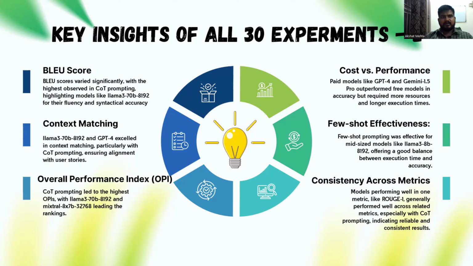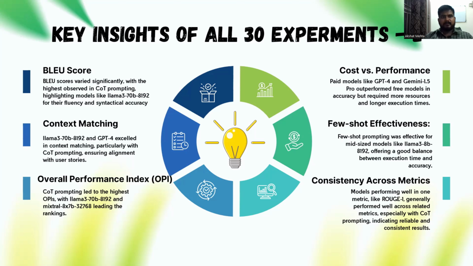Last but not least, consistency across the metrics. Reliable performance across multiple metrics like ROUGE-1 was observed in the models employing CoT prompting, showcasing this consistency in test case generation. These insights reinforce the value of CoT and few-shot prompting, particularly in maximizing model performance while balancing cost and execution time.